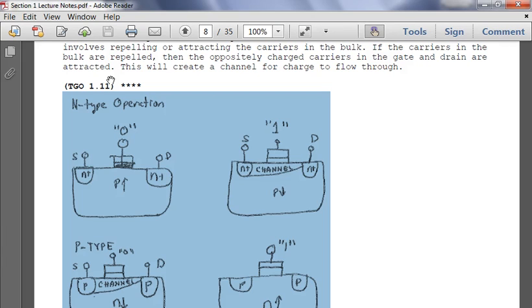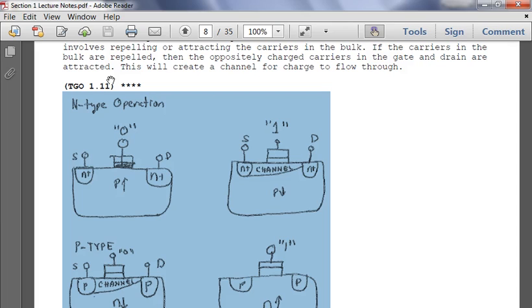Does that make sense? So when you put a 0 on the N type, it's just like the switch before. Positive holes come up, nothing happens here, no channel. When you put a 0 on the P type, then electrons are forced down, and you create a channel between the source and the drain. And the stronger the voltage on the gate, the larger the channel. So I was talking about that threshold voltage.